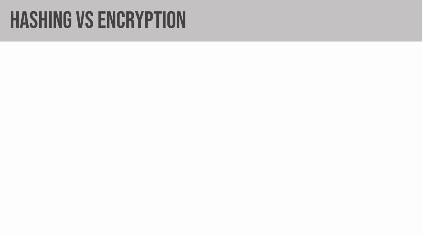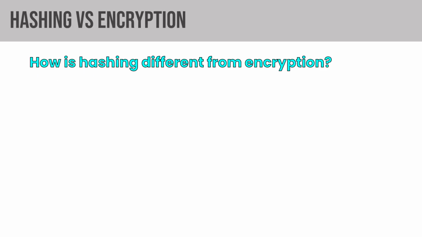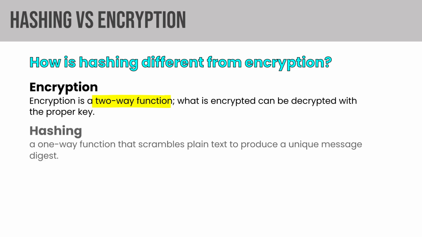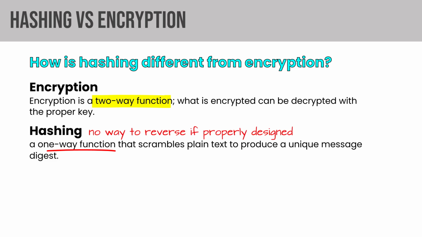So how is hashing or a hash function different from encryption? Well, encryption is a two-way function. What is encrypted can be decrypted with the proper key. Hashing, on the other hand, is a one-way function that scrambles plain text to produce a unique message digest. There's no way to reverse a hash if it's properly designed.